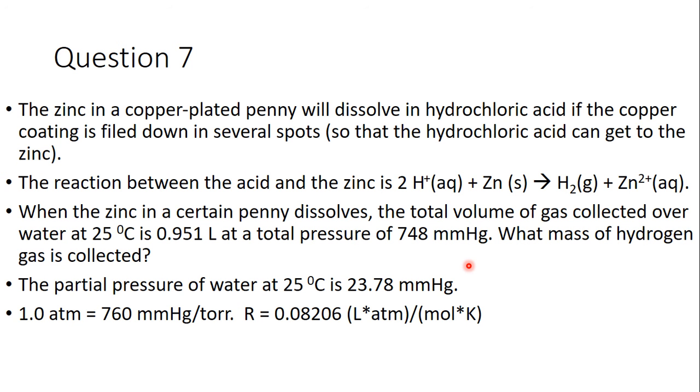Water has a certain pressure at different temperatures. At 25 C, the pressure of gaseous water is 23.78 millimeters of mercury. Look at our constant again. We're in atmospheres for pressure and we have millimeters of mercury, so we need to change that. Liters is good. Temperature we need to change, and we're going to be solving for moles.